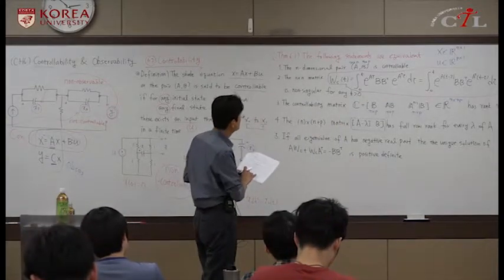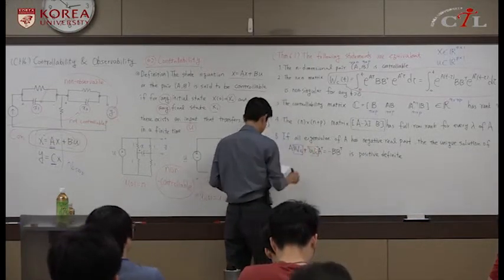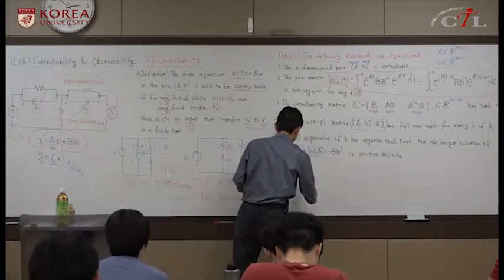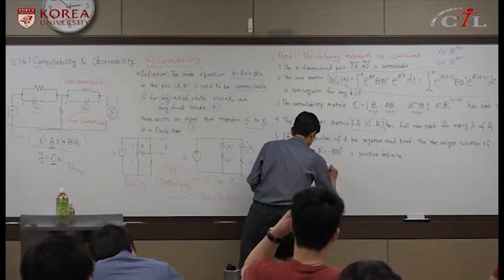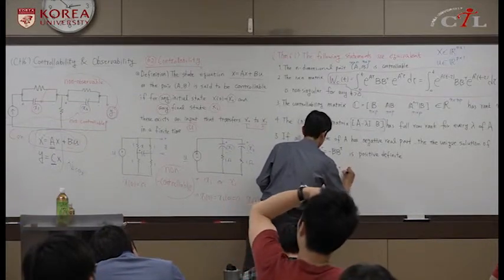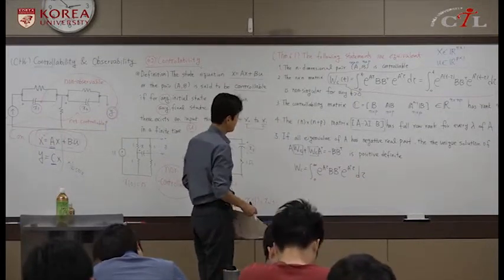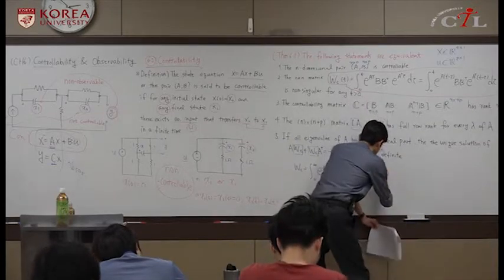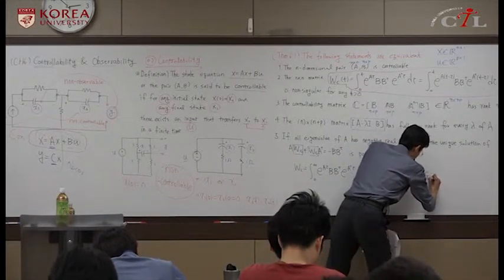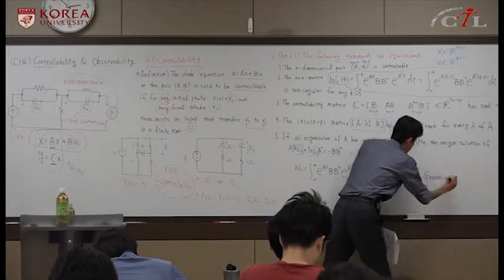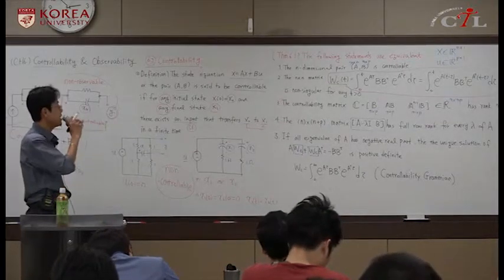Where W_c is the same as W_c in definition number 2, and we call this the controllability Gramian. Okay, all statements are the same.